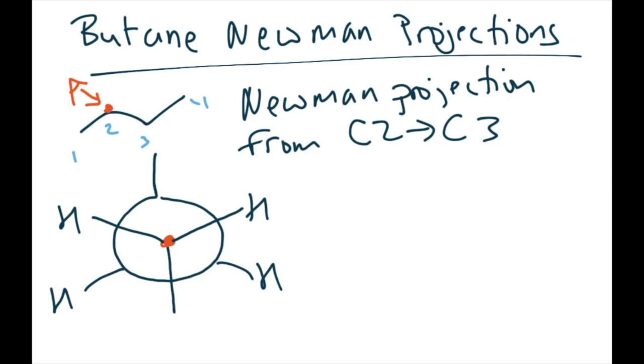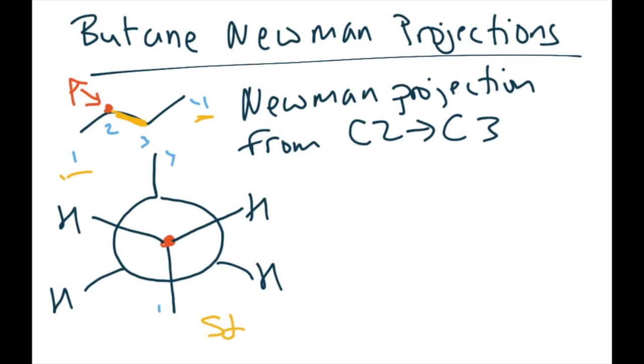And you can see the way I started, this is the bond I can't see. Carbon 1, this methyl group here, and carbon 4, they're on opposite sides of that bond. And in my Newman projection, this is carbon 1, this is carbon 4, they're on opposite sides of the Newman projection.